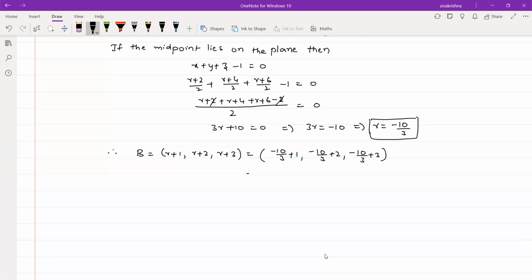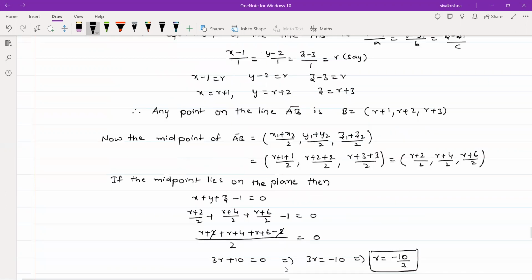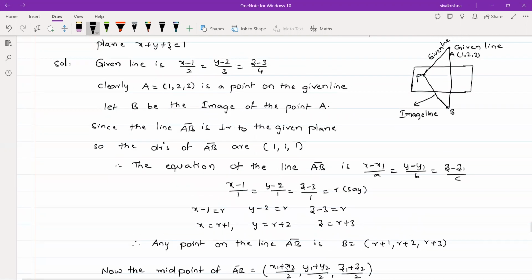On simplification we get this point as (-7/3, -4/3, -1/3). So this is the point B, and we have supposed that B is the image of the point A. Now I have found the point B, and that point is (-7/3, -4/3, -1/3).